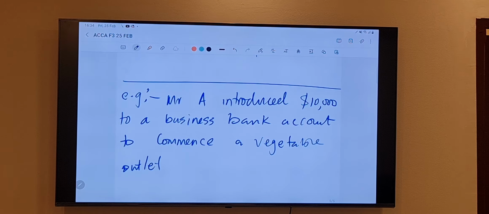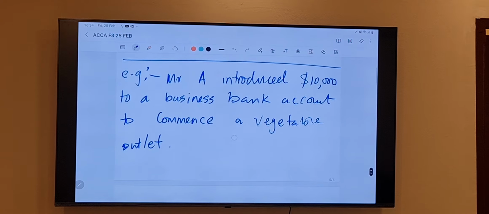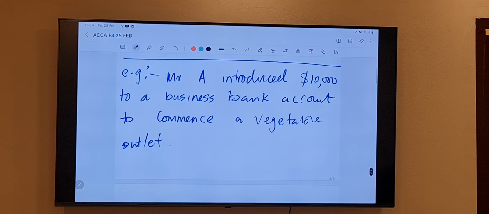Meaning start. You want to start a vegetable shop. In Doha, good business now. Shall we start together? Okay. So, Mr. A, a vegetable outlet. Outlet means shop. Mr. A introduced 10,000 to a business bank account to commence a vegetable outlet.